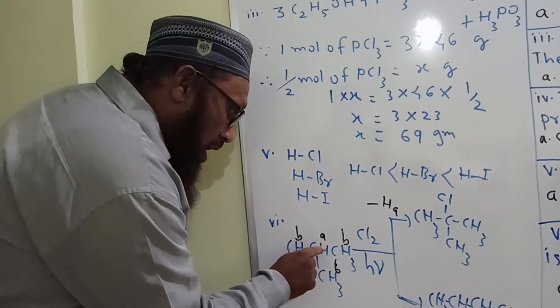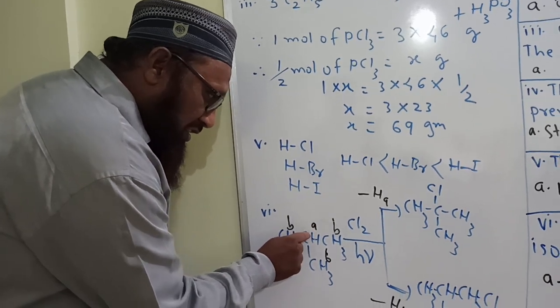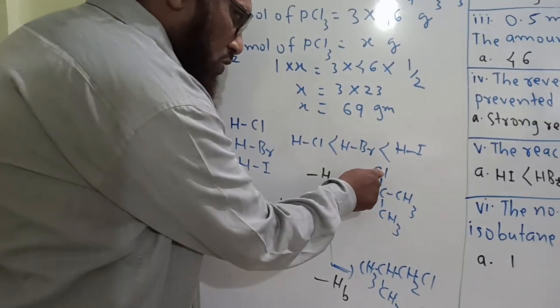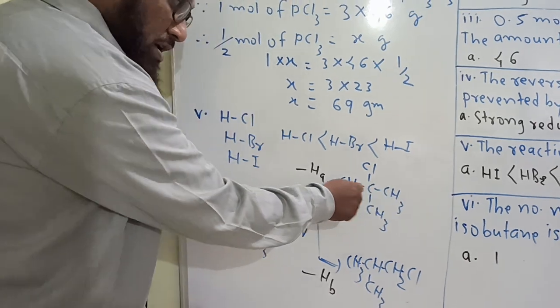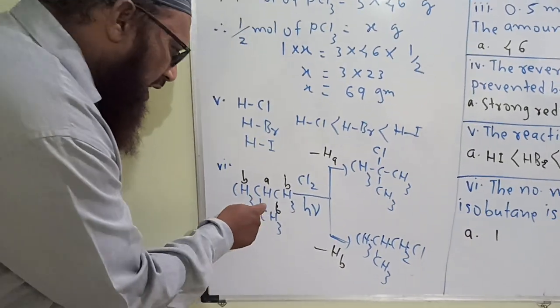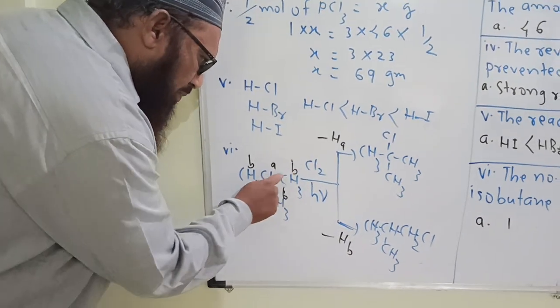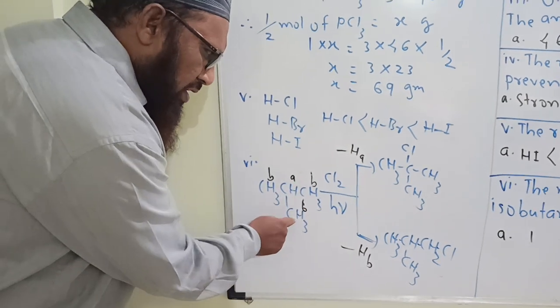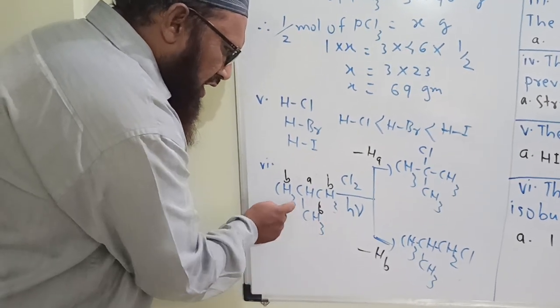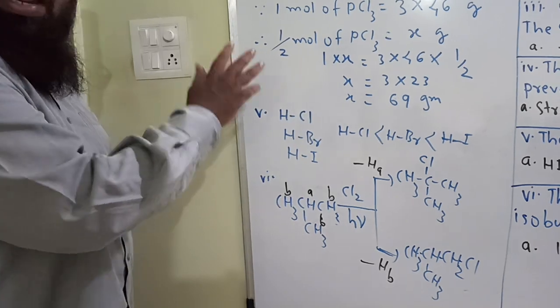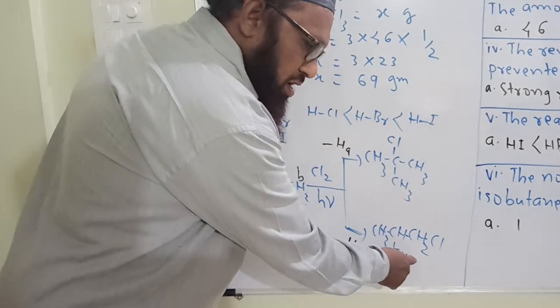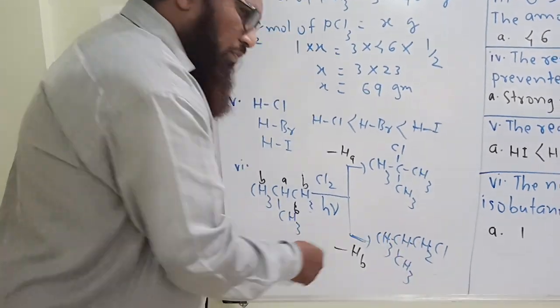If we remove hydrogen from this state A, we get 2-chloro-2-methyl propane. And when we remove any hydrogen from state B, these 9 hydrogen atoms are equivalent, remove any one, we get 1-chloro-2-methyl propane.